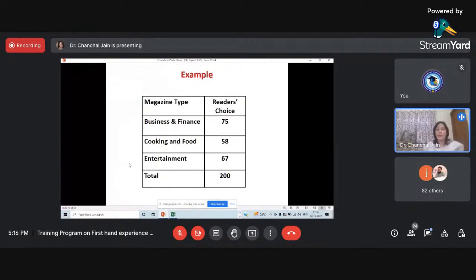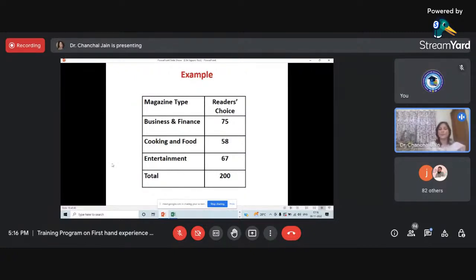Now, for this hypothesis example, suppose this is the data we have. Here we have the magazine type and the reader's choice, or the number of readers who are reading these different magazines. So here I can go for this type of hypothesis testing.